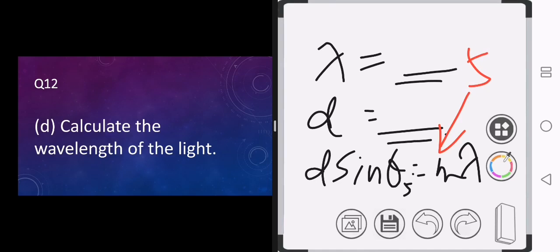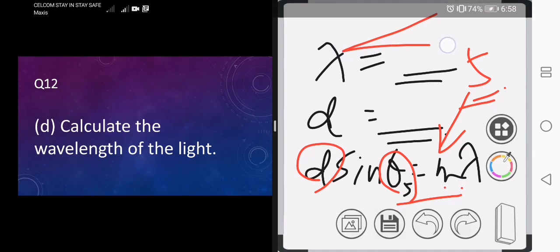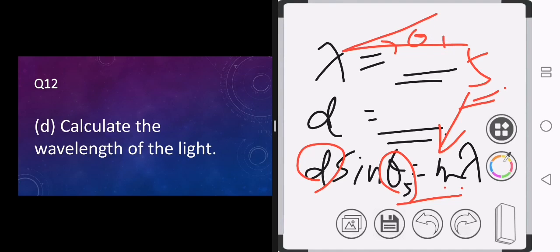Substitute 5, with d the same value, and you will find your new angle. Just now you only had theta 1, so you need to find theta 5, where the fifth bright fringe appears.